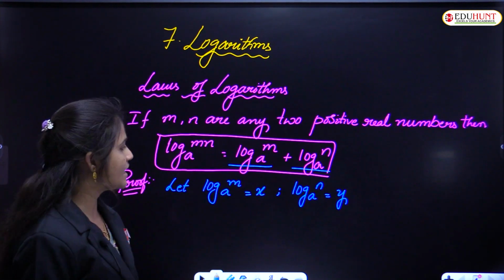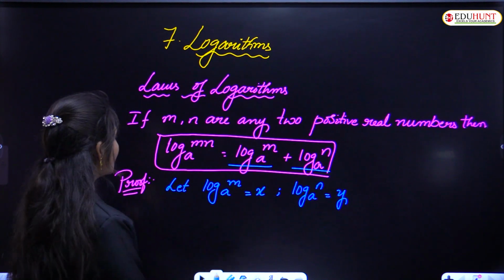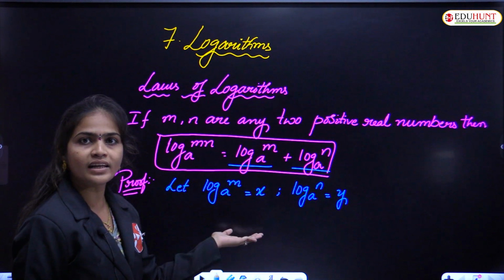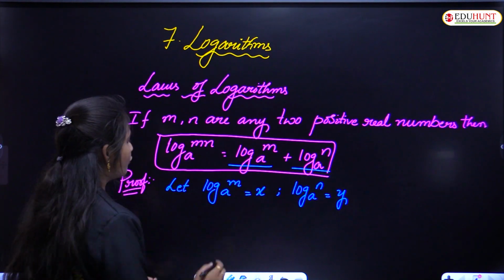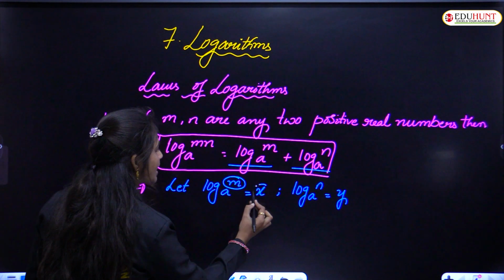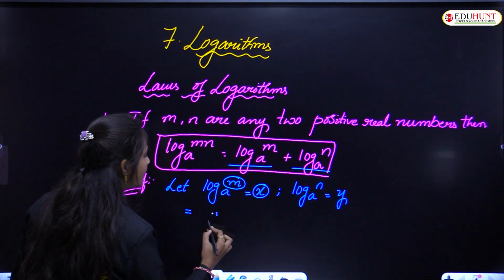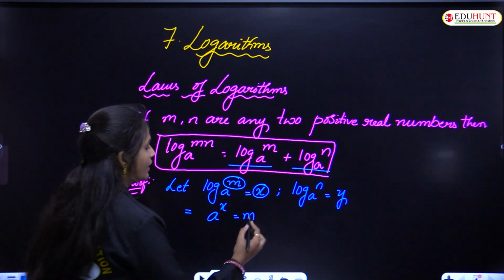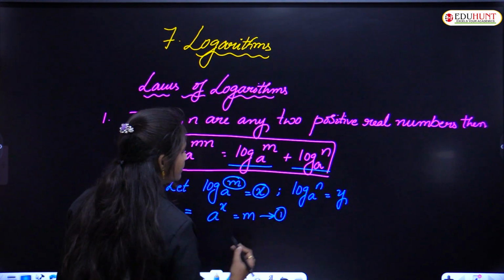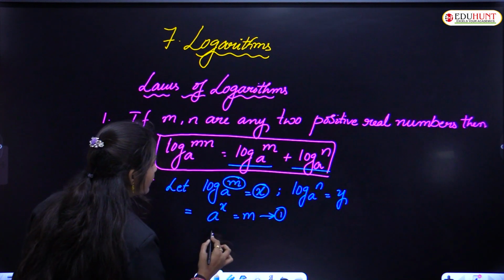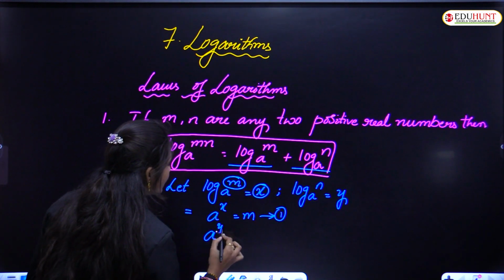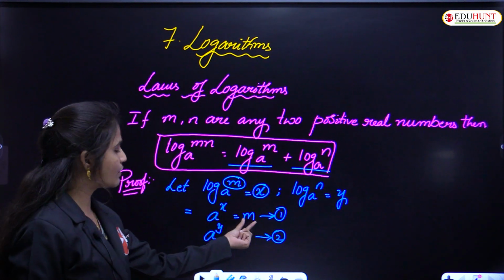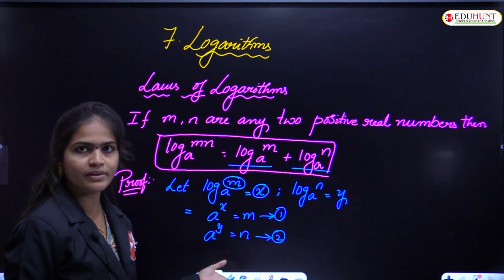Children, here we can observe logarithmic forms, so convert the logarithmic form into exponential form. While converting into exponential form, what do you get? a power x is equal to m. This is equation number 1. And come to this one: a power y is equal to n. This is equation number 2. Am I clear? a power x is equal to m, a power y is equal to n.